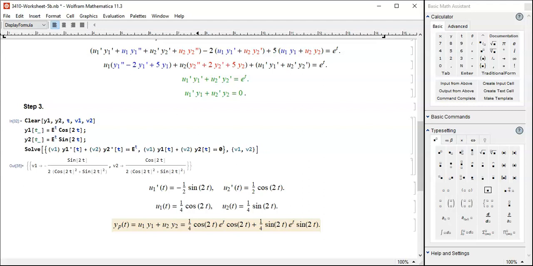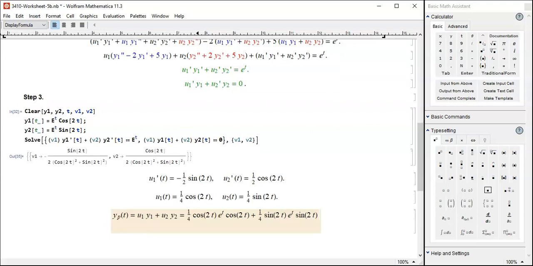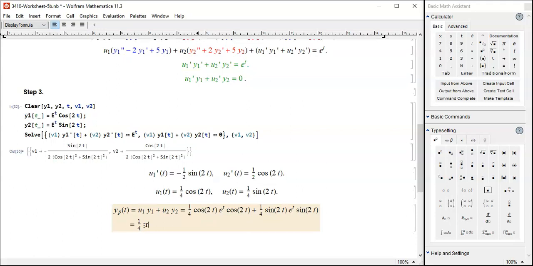Oh boy, rather complicated. And this is, oh, wait a minute. This can be simplified a lot. We get 1/4 e to the t power and cosine squared of 2t plus sine squared of 2t.